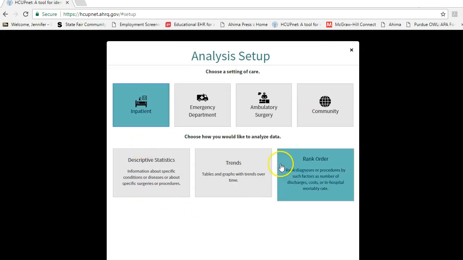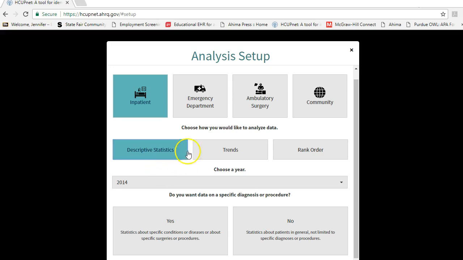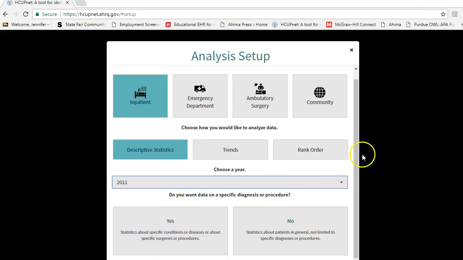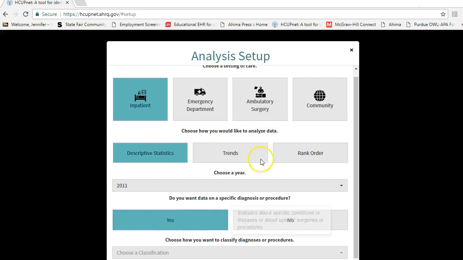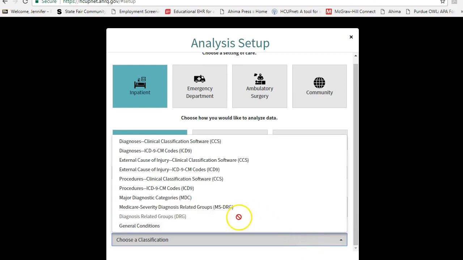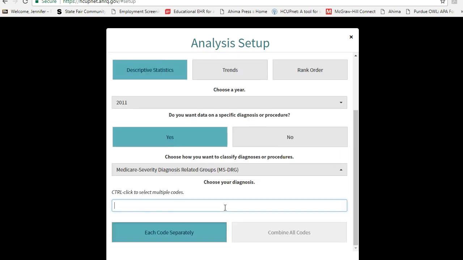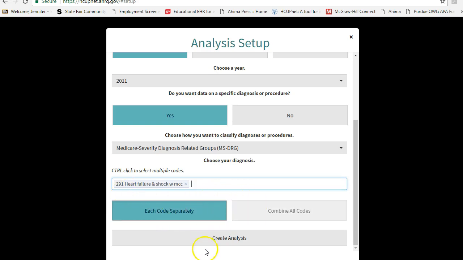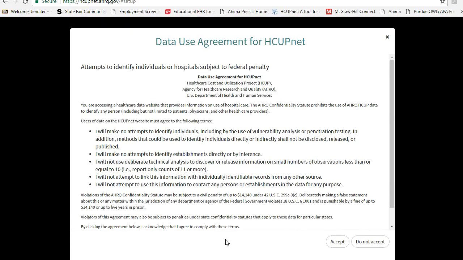Inpatient stay, we want descriptive statistics, and remember our instructions told us 2011, and we want conditions specific to a disease, and we want to choose our classification system. Remember, we have the MS-DRG code, and if we enter that here, 291, and we only have the one code, we're wanting to create our analysis. We have to accept the data usage agreement.